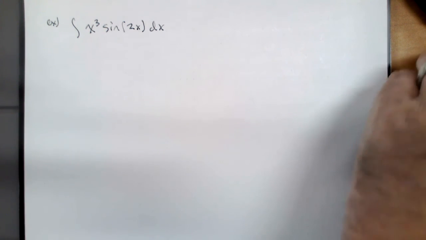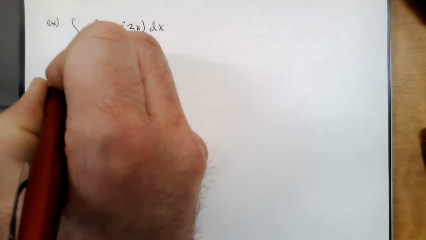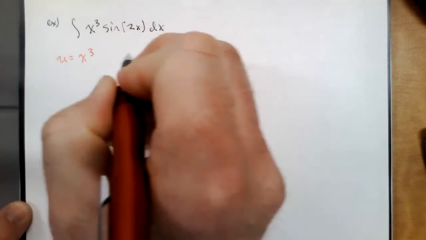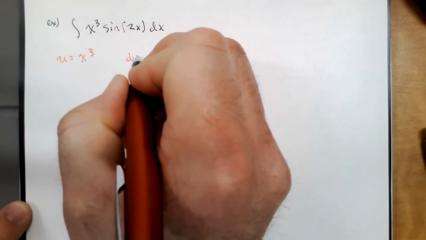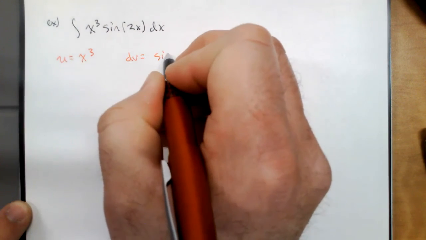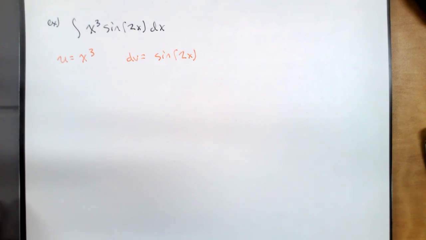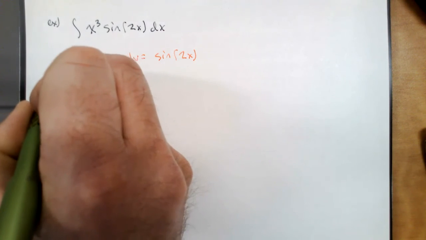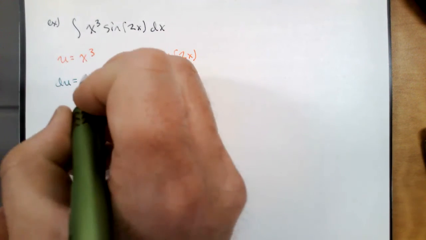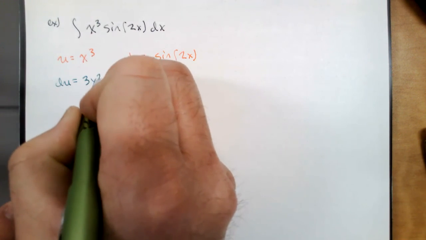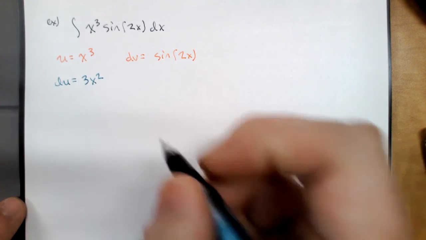I'm going to say, let's put u as x cubed, and dv will be sine of 2x. We find du first. That's going to be 3x squared. And then we find v.